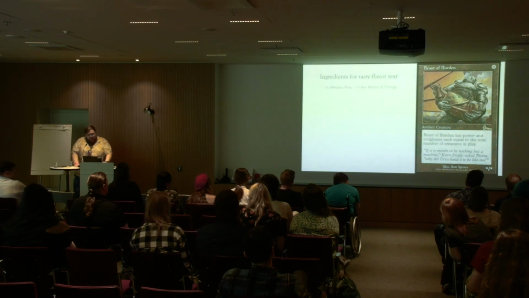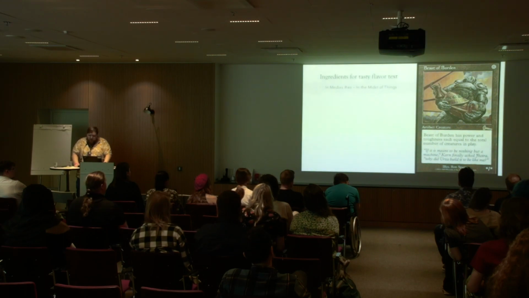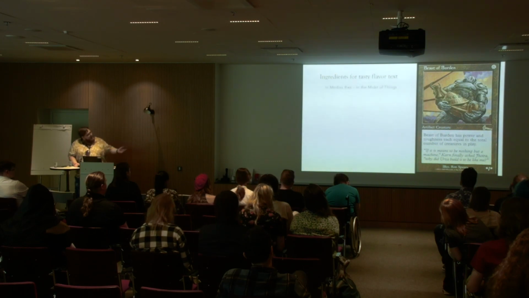And Karn is not the only golem that exists. So here we can see Karn speaking to another wizard, Jhoira: if it was meant to be nothing but a machine, as in a generic golem there that looks pretty much exactly like Karn, why did Urza build it to be like me?